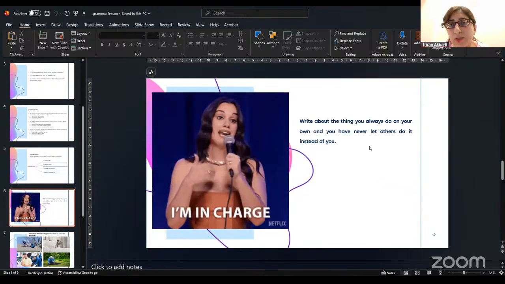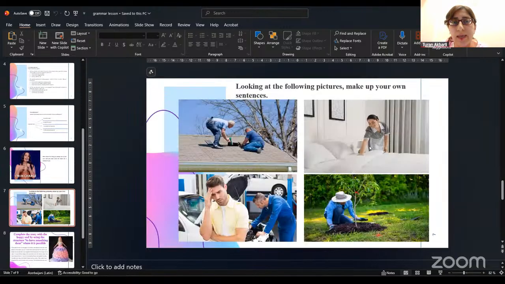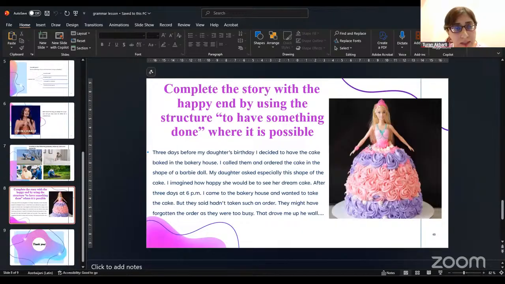Then I ask them to write an essay, a writing task. I ask them to write about anything that they always do on their own, and never let others do instead of them. Again, by looking at different pictures, they try to make up sentences, and I give them a story, a text, and they try to complete the story with a happy end.